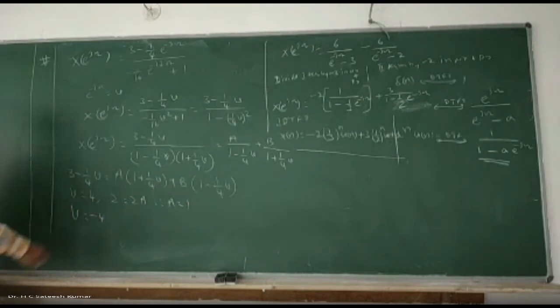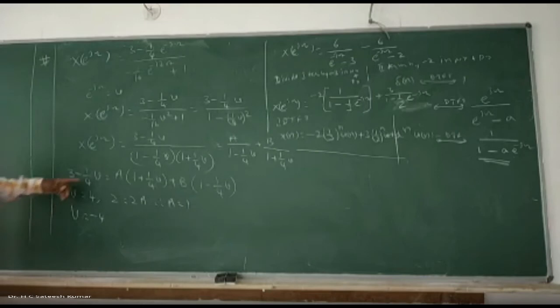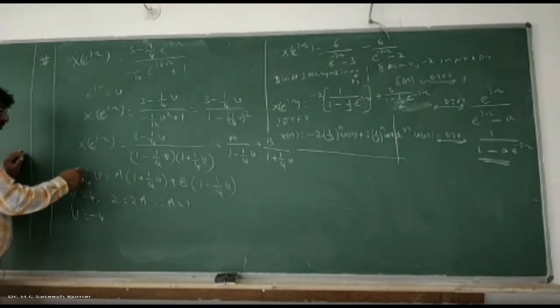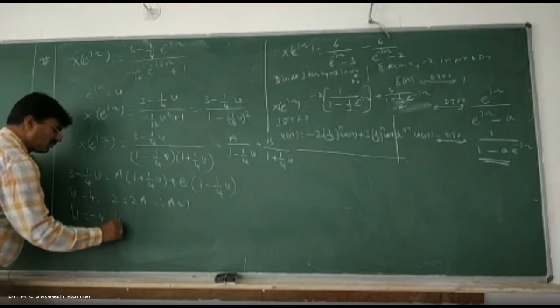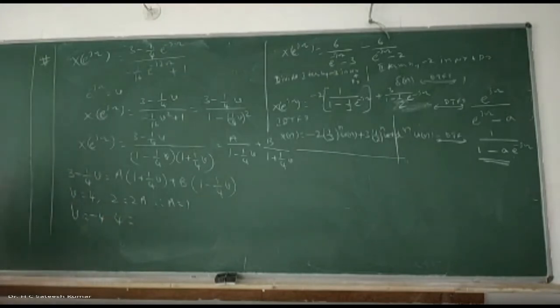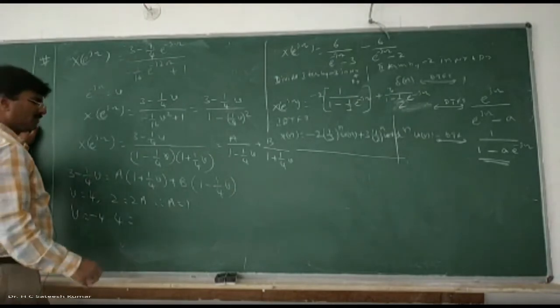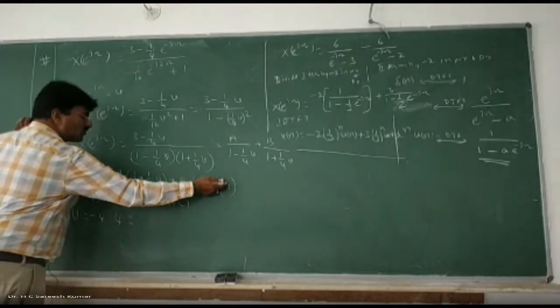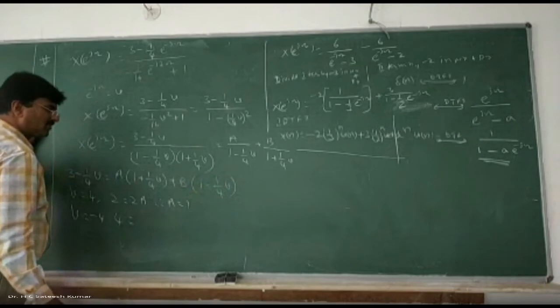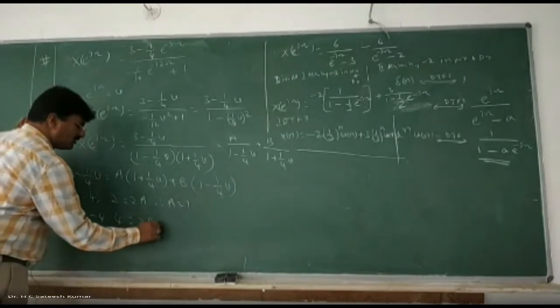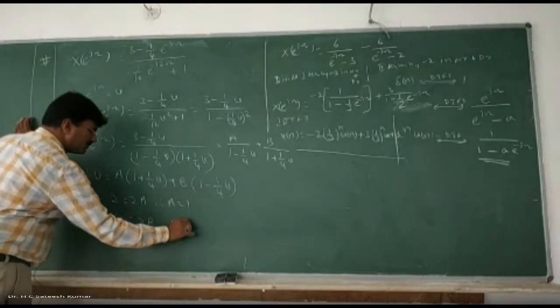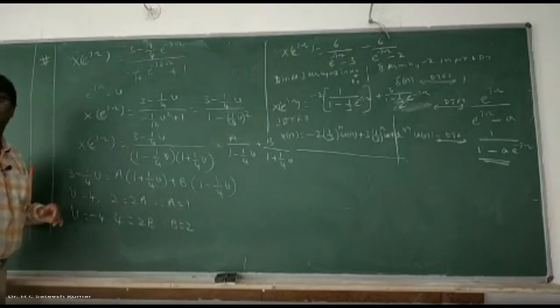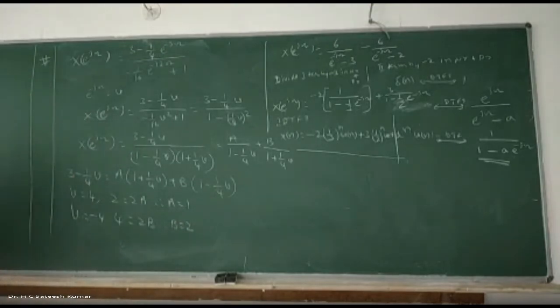If you take minus 4, minus into minus plus, 4 gets cancelled. 1 plus 4 you will get. 4 is equal to b, minus 4 gets cancelled, minus into minus plus, 2b you will get. Therefore, b is equal to 2. So a is equal to 1 and b is equal to 2.